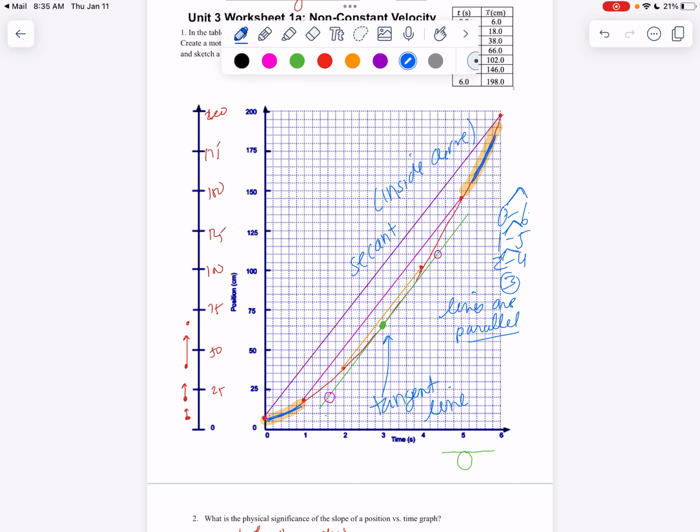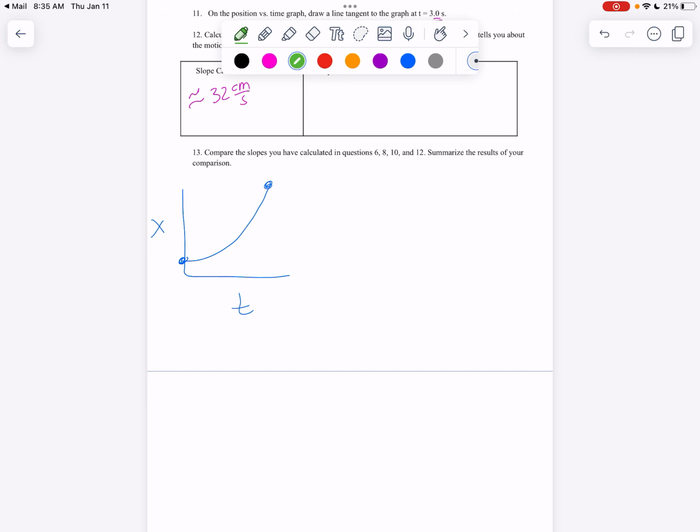All right, so let's summarize maybe down here, okay? So the big idea, and this is what's gonna show up on quick quizzes and summatives, is if you draw a secant line between 2 points and take the slope, the slope of the secant line is the average velocity in that time interval.